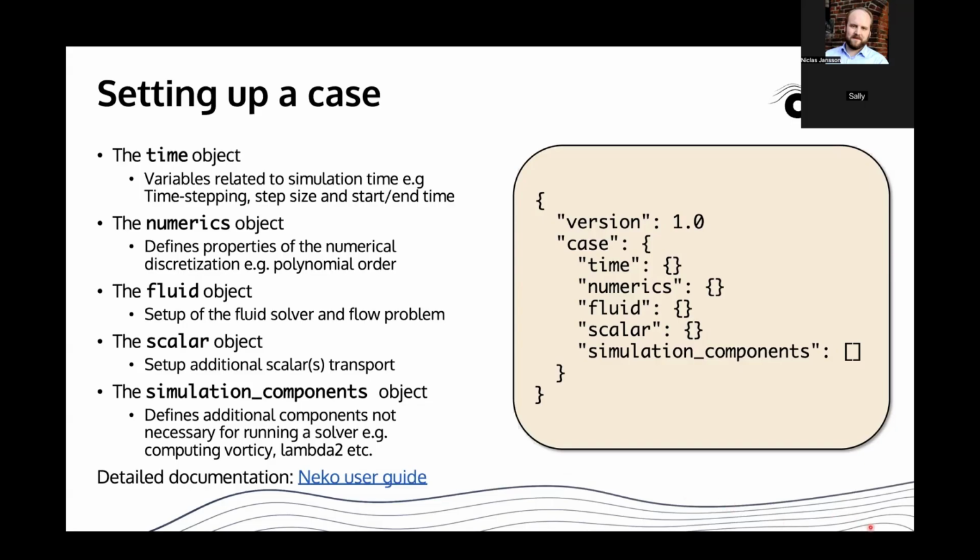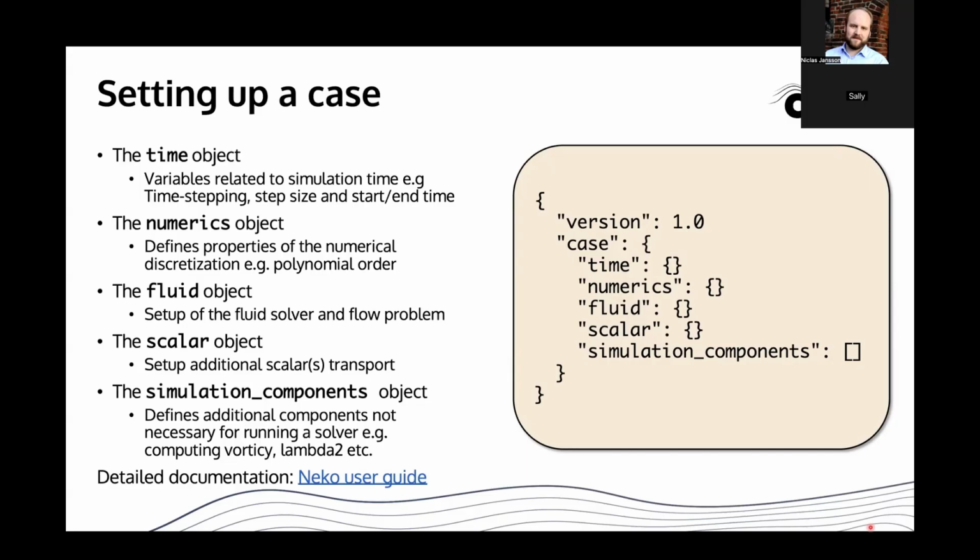Currently, Neko supports meshes generated from Gmsh, which are then converted into nek5000 format. Then nek5000 meshes are converted into a native Neko mesh using Neko's own conversion tools. This is a bit of a clunky workflow that we are trying to streamline before the 1.0 release. That's why that slide is omitted in this presentation, but it will be part of the documentation once we get the version out of the door.